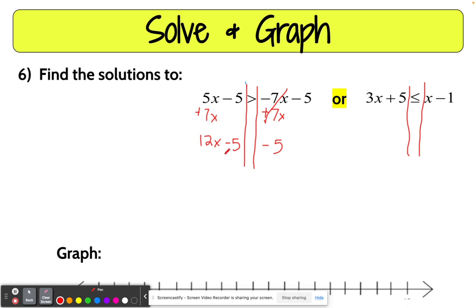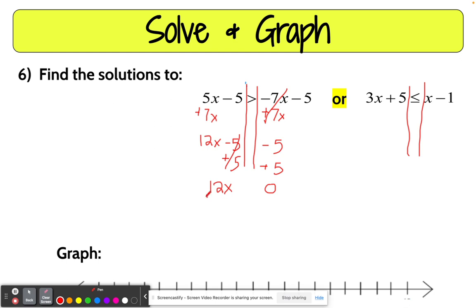Next step, I need to add 5 to both sides. This cancels out. I'm left with 12x and 0. -5 plus 5 is 0.